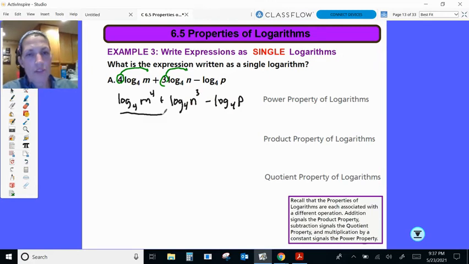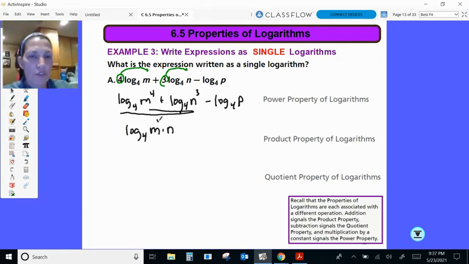I'll use my product property here: log base 4 of m to the 4th times n cubed, minus log base 4 of p. Now I can put this underneath and use my quotient property. So log base 4 of m to the 4th n cubed over p.